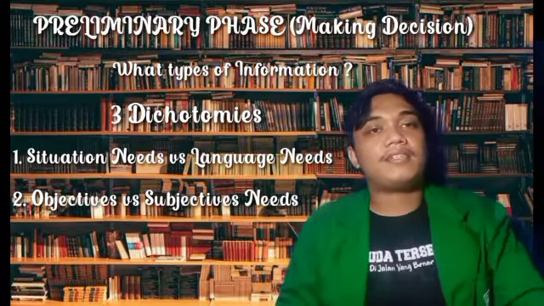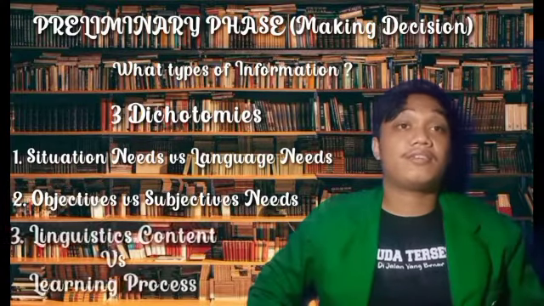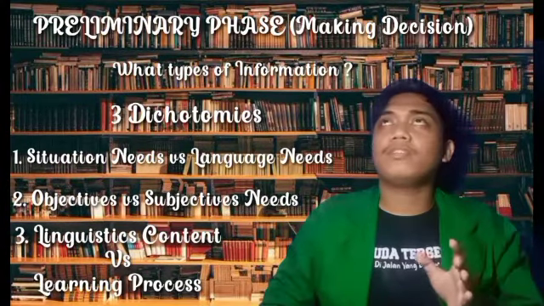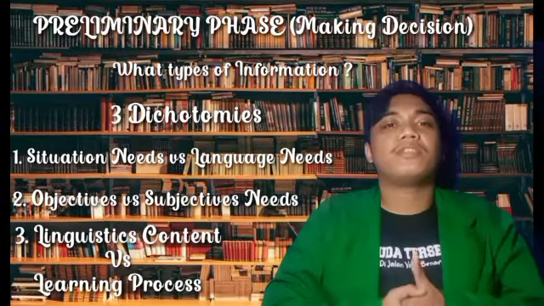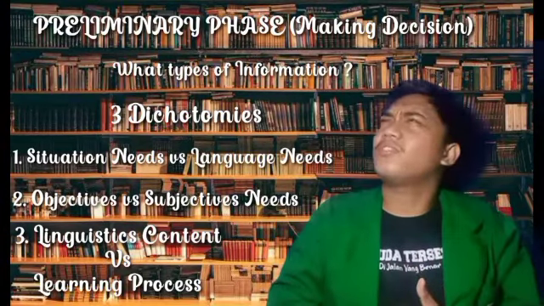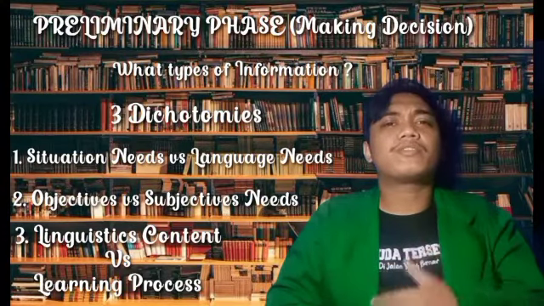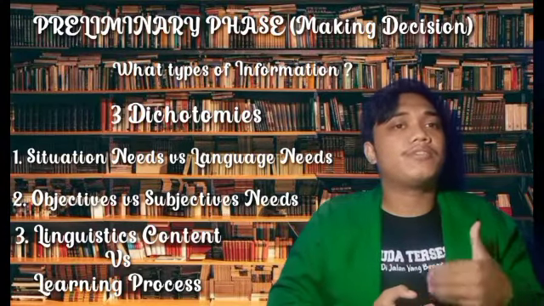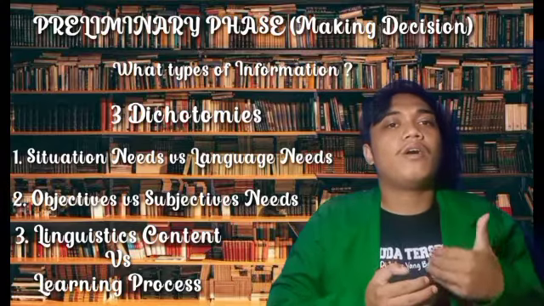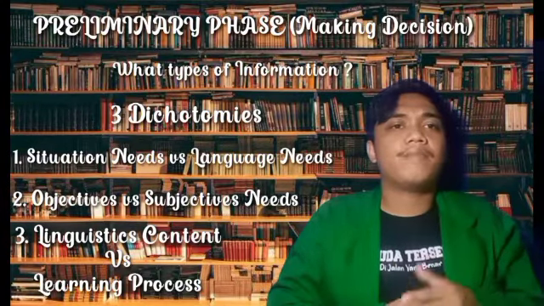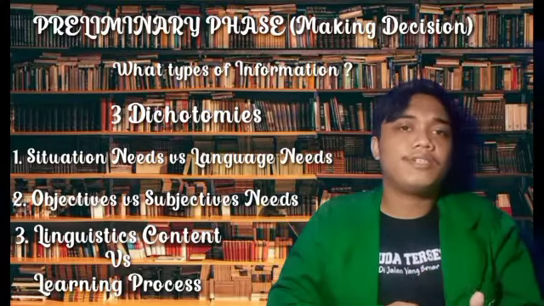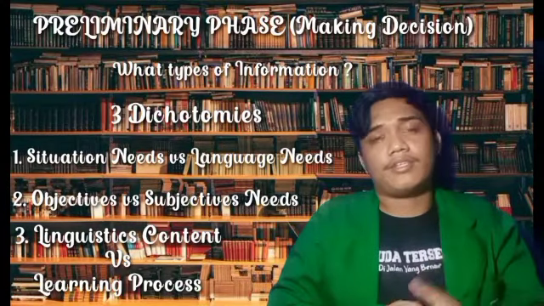And the last dichotomy is linguistic content versus learning process. Linguistic content refers to the type of language the students need to learn, spelled out in linguistic terms such as phoneme, morpheme, grammatical structure, utterance, function, notion, and so on.